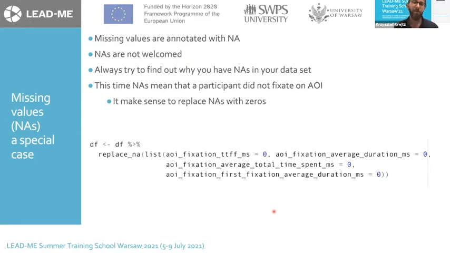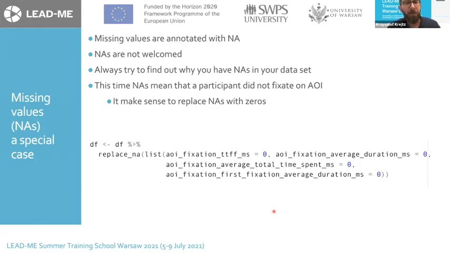There are different solutions. In this case, I noticed missing values as well in the data frame. And I realized after some consideration that these NAs mean that the certain participant did not look at the certain AOI.